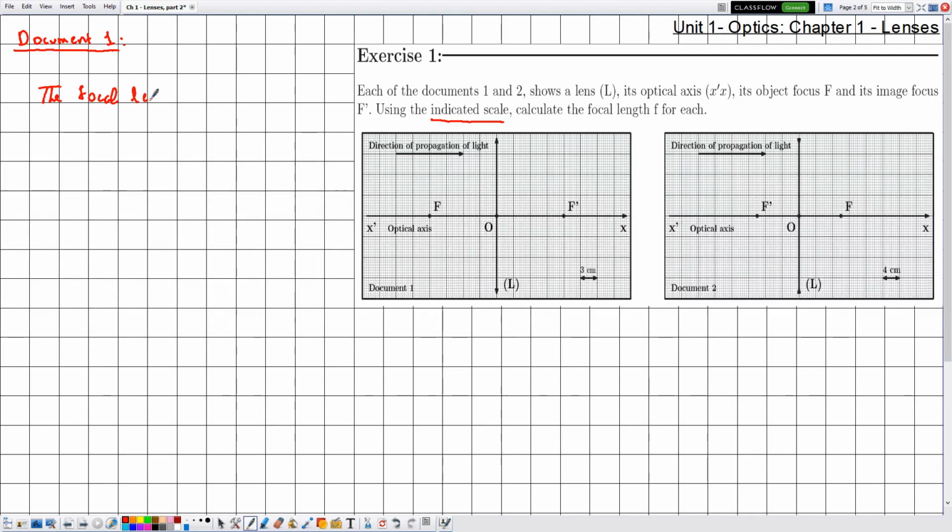is the distance from the optical center to the image focus.